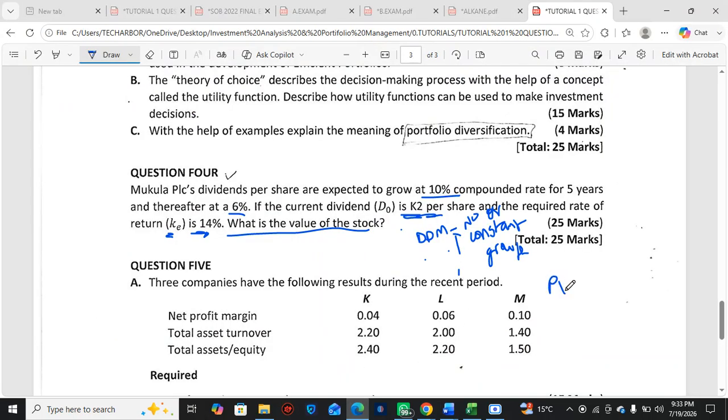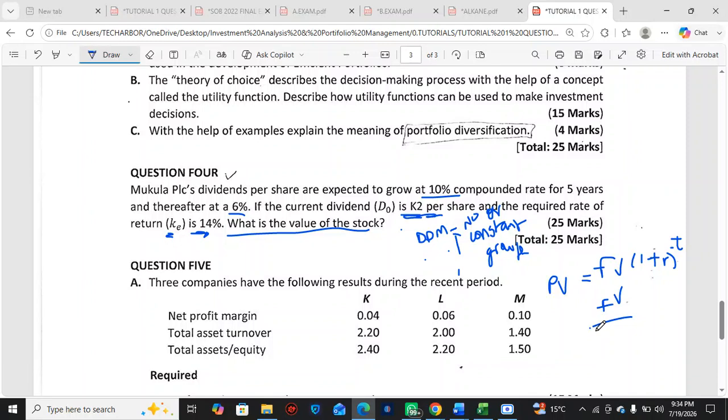You can say present value equals future value times 1 plus r to the power negative t, or you can say future value over 1 plus r to the power t, whichever formula you're okay with. They're supposed to yield the exact same answer, but the answers will be very close to each other.